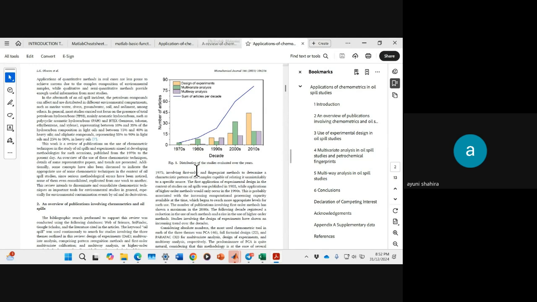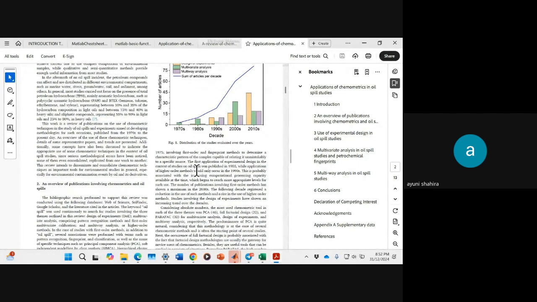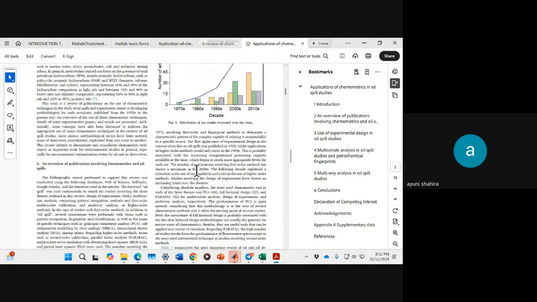There is a study by Ismail on spillages in Peninsula Malaysia and Sabah. They collected 94 samples of oil spillage. By using PCA and HCA, they could group or classify this oil spillage into four groups.